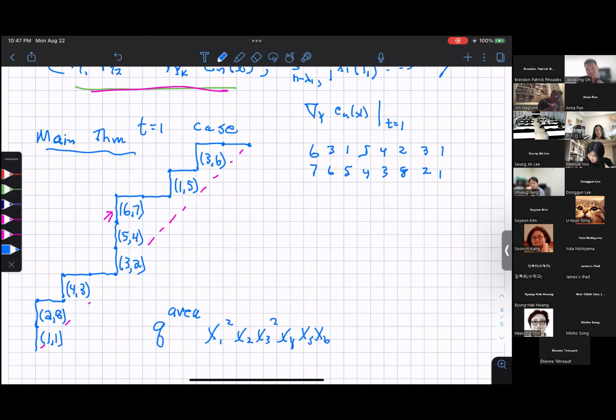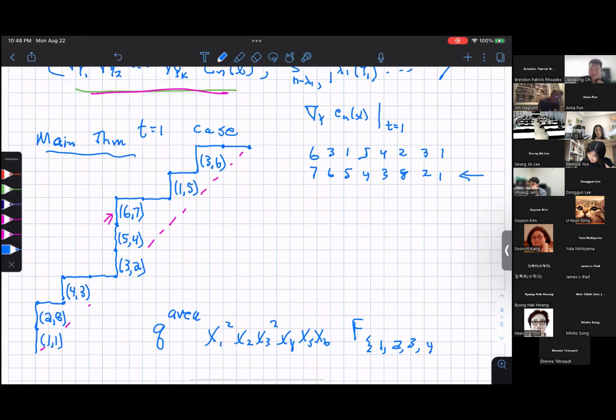And then for the Y's, I'm going to take the inverse descent set of that permutation. So 2, 3, 4, 5, 6, and 1.